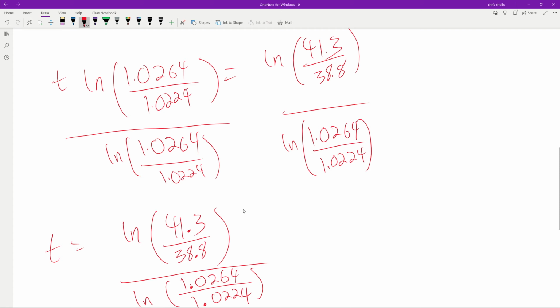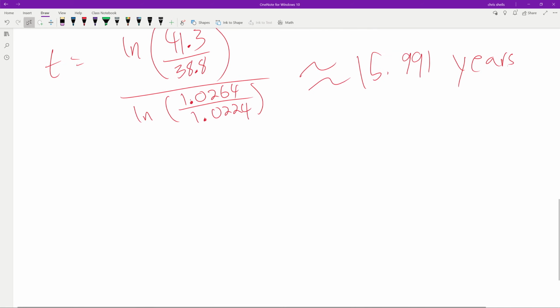And if I type this into a calculator, I get about 15.991 years. All right, not too bad. And that's it for section 4.4.